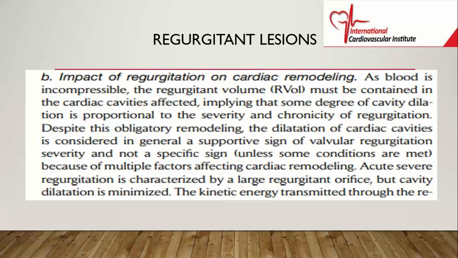So in chronic regurgitation, the size of the chamber will help us to determine the severity, because the regurgitant volume is one of the tools that we use to assess severity of regurgitation. If we have a large regurgitant volume, then it's telling us that we have severe regurgitation.